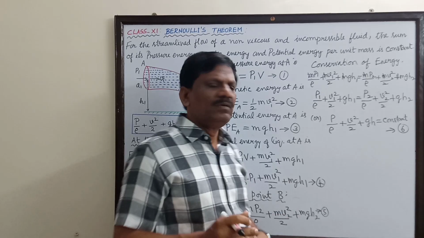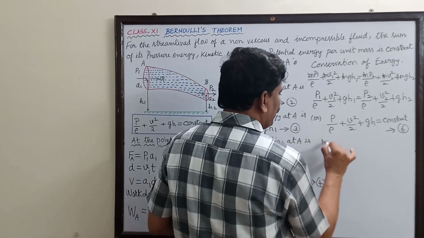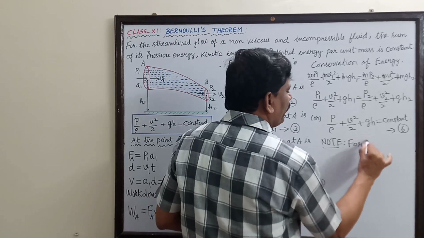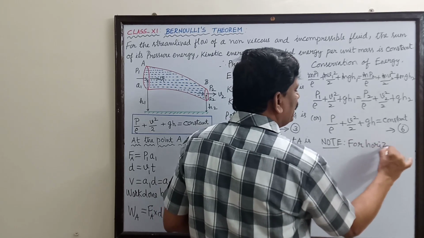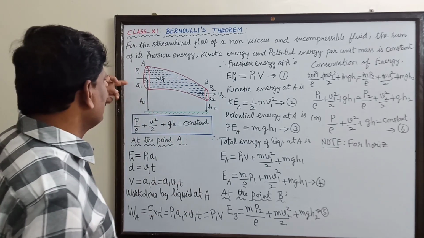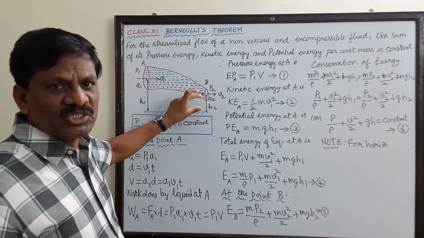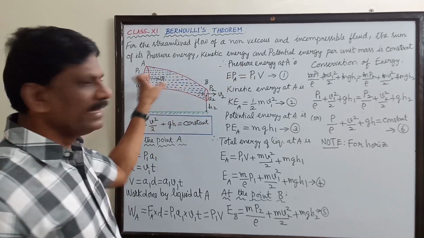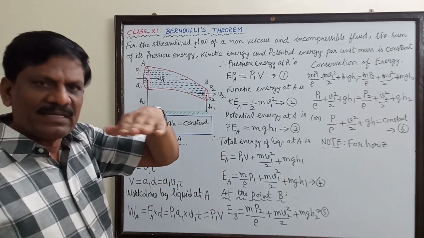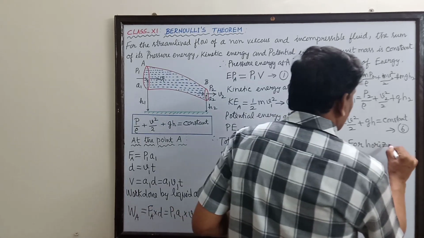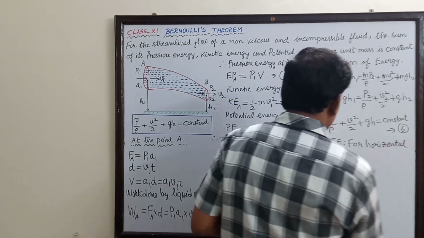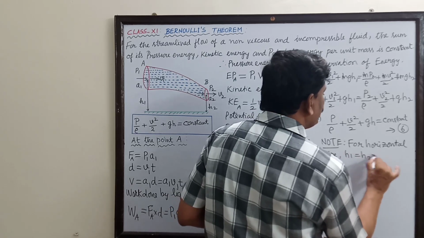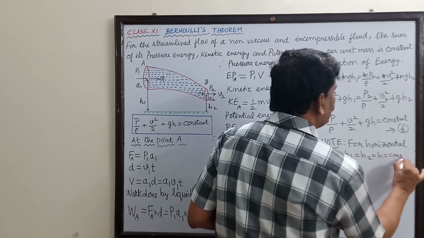Understand? Now as a special note, for a horizontal pipe, suppose H1 is equal to H2, so that both the ends A and B have the same axis, the same horizontal level. So for a horizontal pipe, we can take H1 is equal to H2 is equal to H is equal to what?